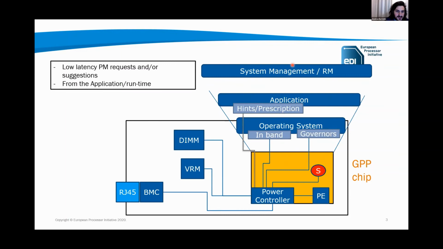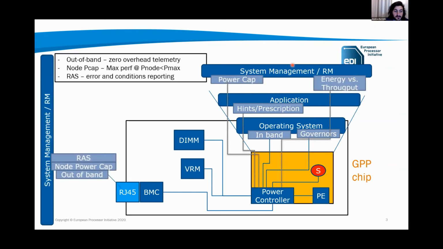We have instead also the out-of-band path, which is the additional service that the power controller needs to handle: the communication to the external management interface, usually called board management, implemented through the board management controller, the BMC, which realizes the out-of-band communication.